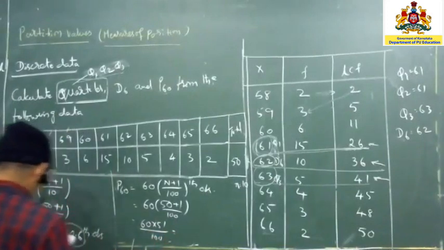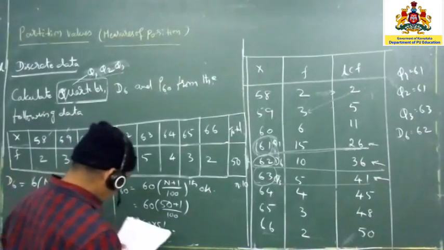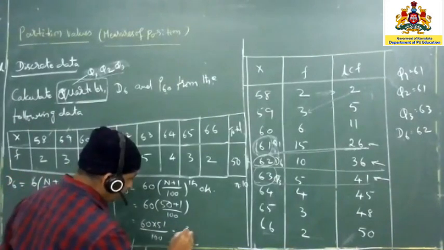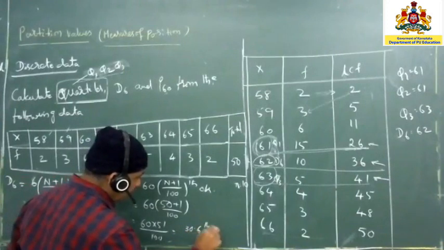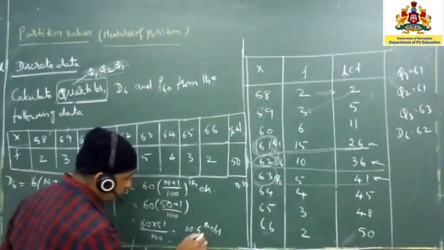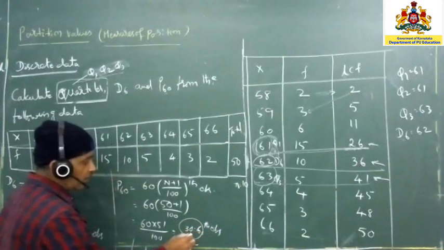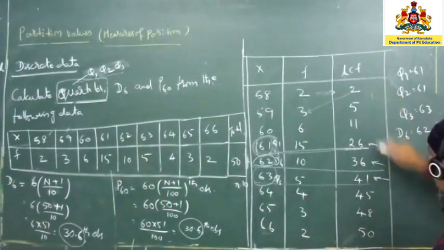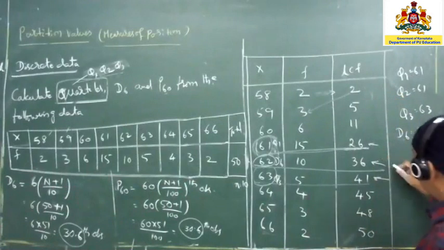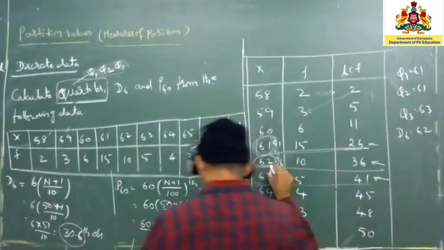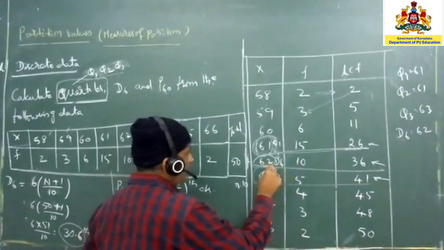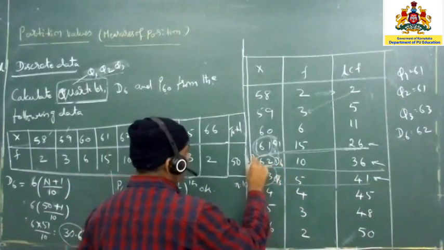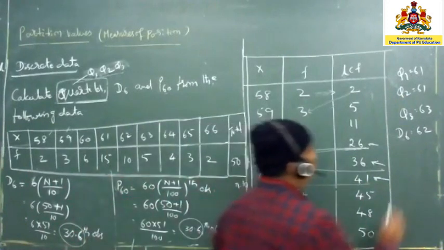What is the value that you are going to get? 30.6, again you are going to get it. Observe, this 30.6 you have to look into the LCF. So 30.6 means here only this part, so again 62 you are going to get. So here P60 is also 62.